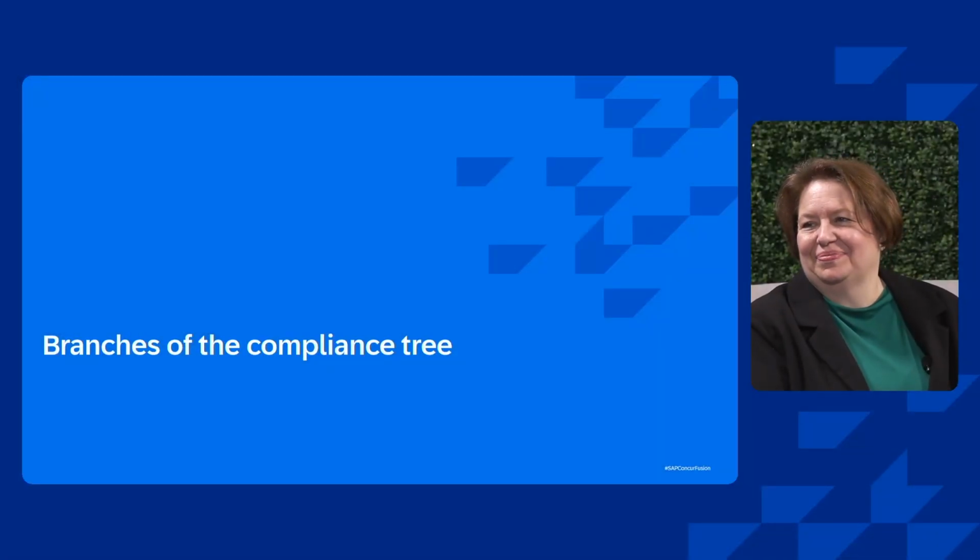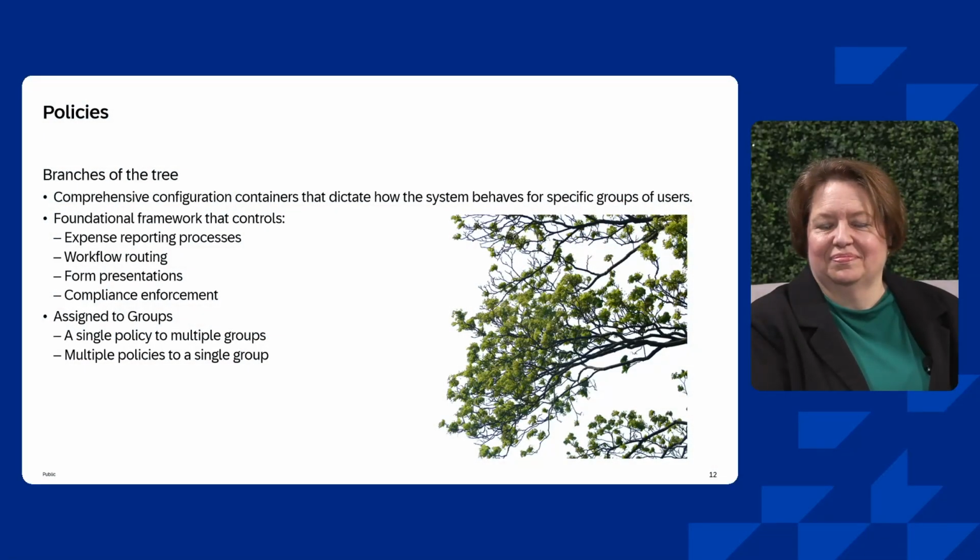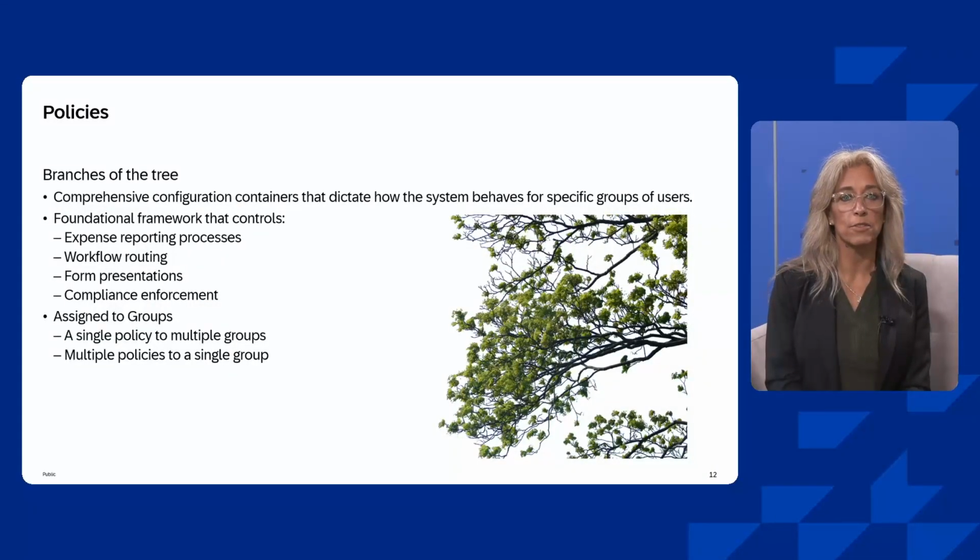So now we're going to talk about a few of the branches that come out of the groups. So we'll start with the policies. So Concur policies serve as that branching framework that determines how business rules and compliance requirements are applied across the different user groups and scenarios. So just as those tree branches extend from the trunk to support the leaves and provide specialized functions, policies branch out from the group configuration to deliver that targeted functionality, approval workflows, and then the data entry requirements for specific organizational needs.